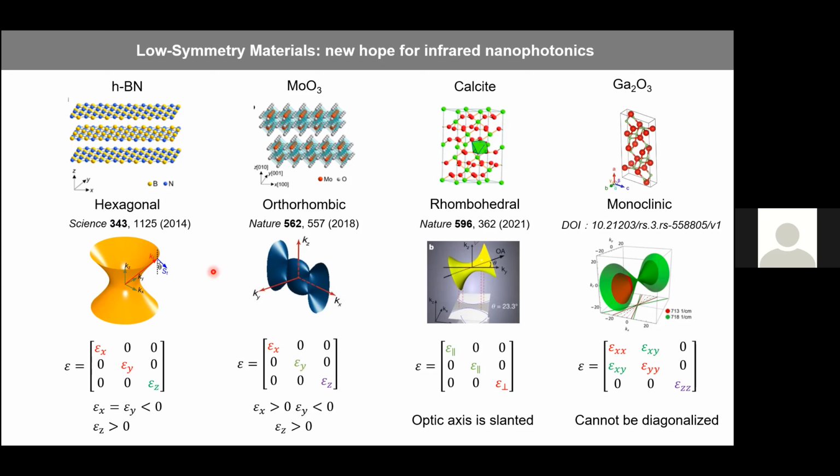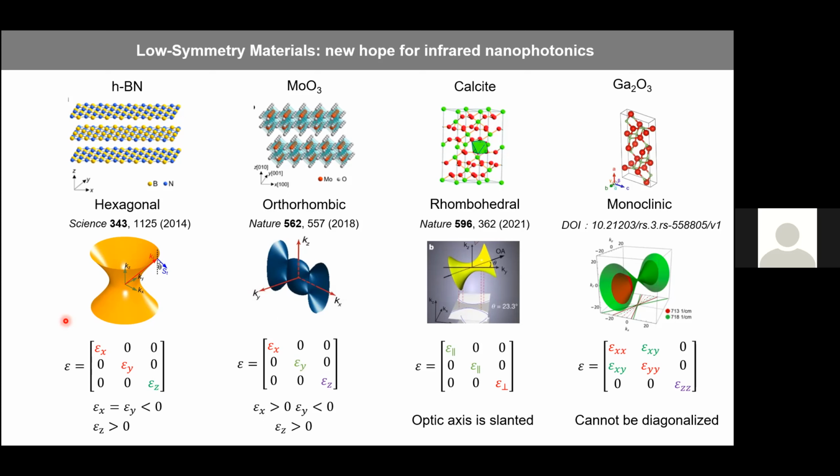These two materials are all van der Waals crystals. Like 10 years ago, we moved our interest into van der Waals crystals because they can provide us high field confinement, and it is also quite easy to structure the materials.